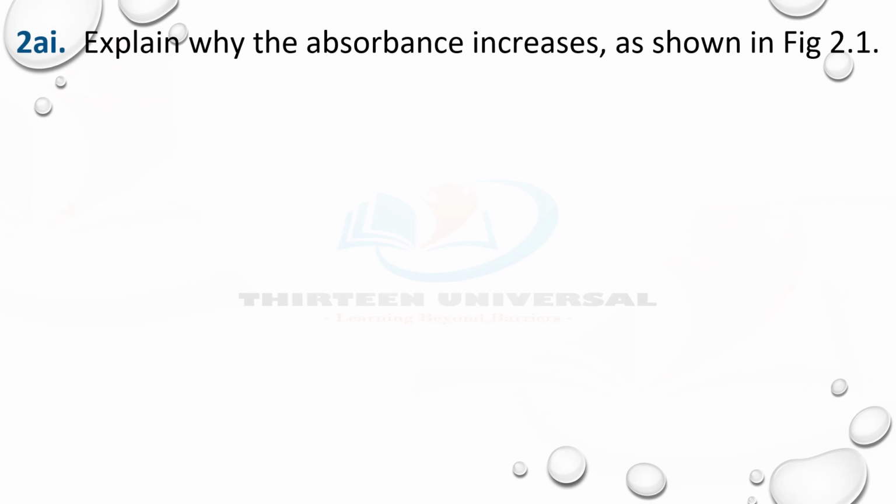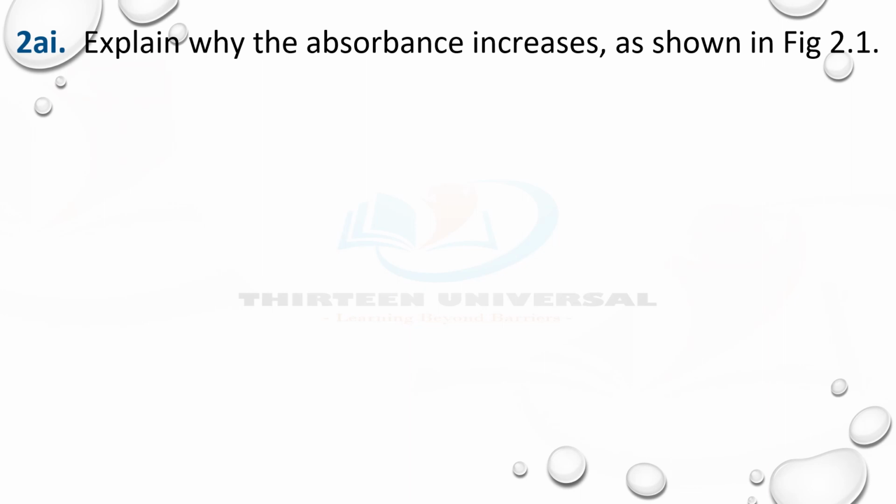Now they say explain why the absorbance increases as shown in fig 2.1. So why does absorbance increase? Can anybody tell us why absorbance increases? Of course, it increases because more amylose is being formed. Not more glucose, more amylose, more starch is being formed.